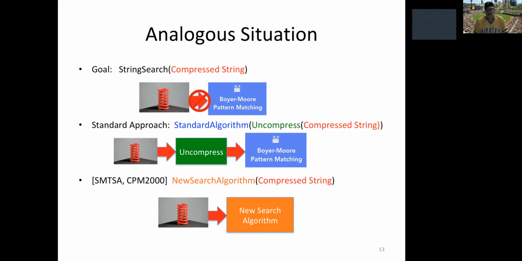One standard approach is you uncompress the text and then you run your standard string search. This can be inefficient because uncompressing the text may be time consuming. So there are examples of papers in the string pattern matching literature where they design new string search algorithms that work directly on the compressed data. There's no input conversion.